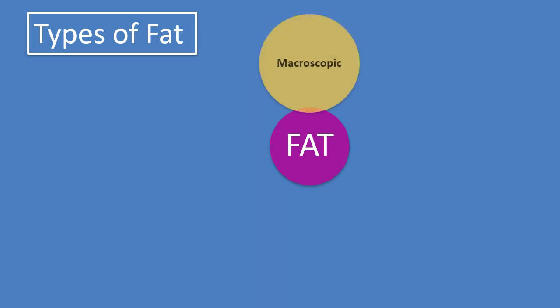Before we talk about the fat suppression sequences in detail, I'd like to give you a hint about the important types of fat you can find in the human body. We have two major types of fat. The first one is macroscopic fat, which we can already see on imaging, like subcutaneous fat or abdominal fat, as we discussed in many images in the last video.